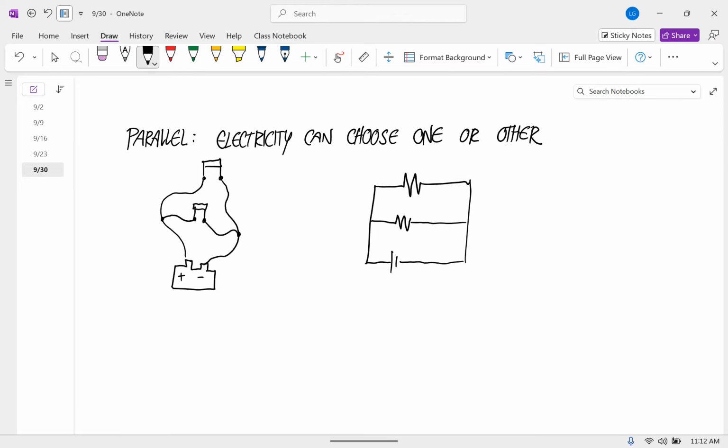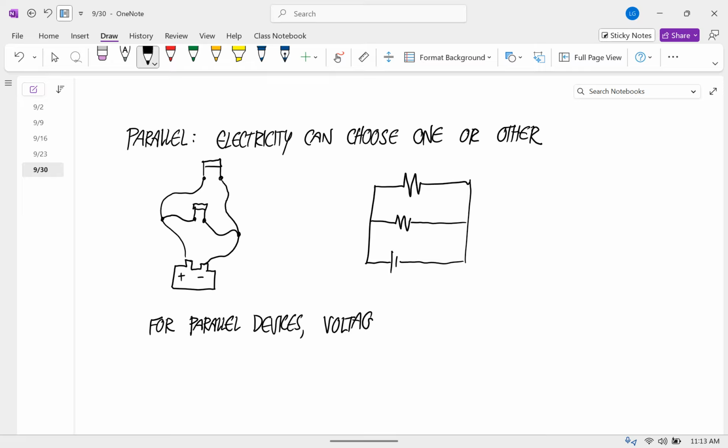Some goes some way and some goes the other way, and that's what we're going to calculate: how much. So this time the current is divided, not the voltage. For parallel devices, the voltage is the same.